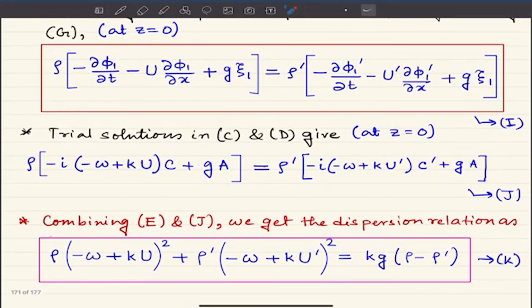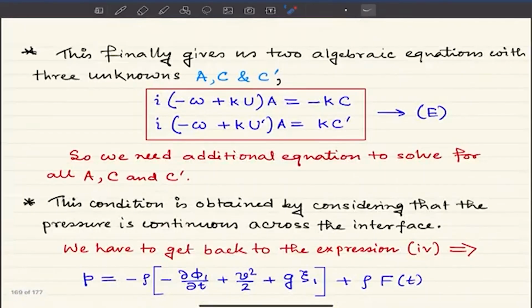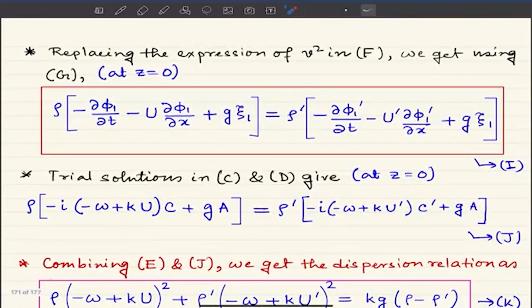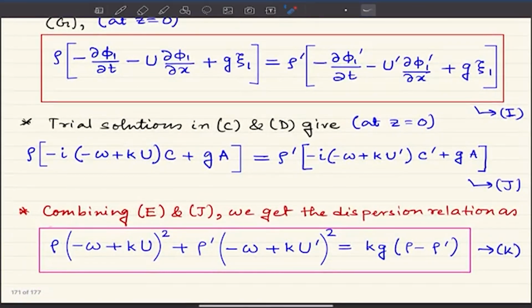So finally our purpose is served. We have obtained another algebraic relation between C, A and C prime. So now we have three equations, this one J and the other two are here in capital E. And now we can totally eliminate all these constant amplitudes of the perturbation to obtain the relation between the frequency of each Fourier mode and the corresponding wave numbers.